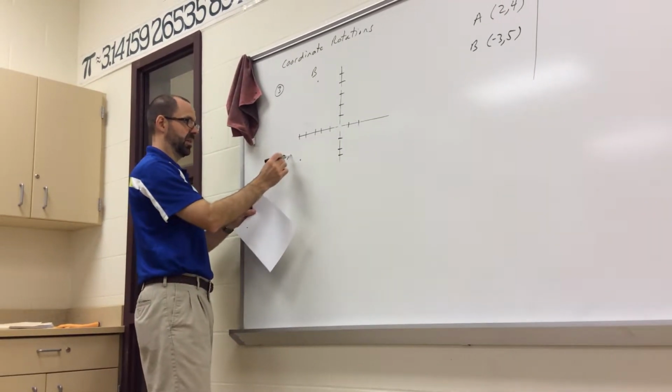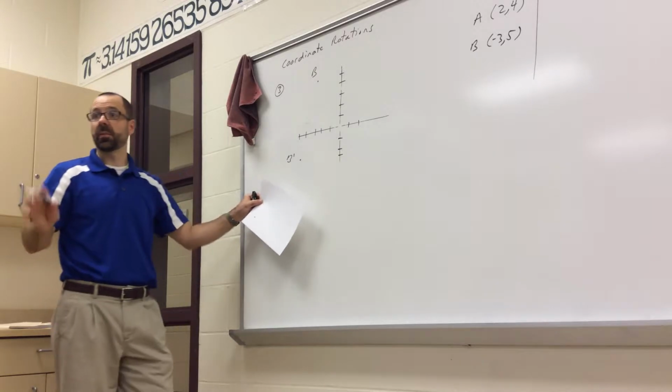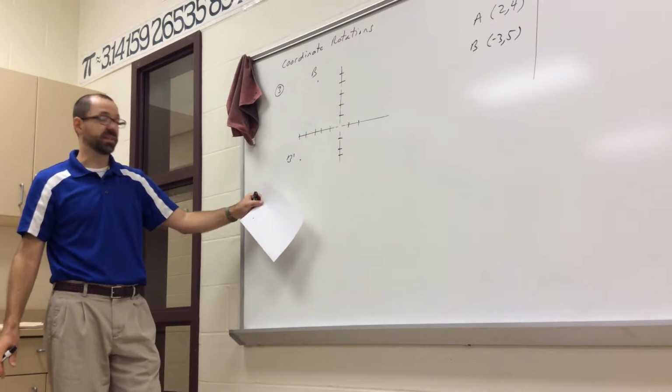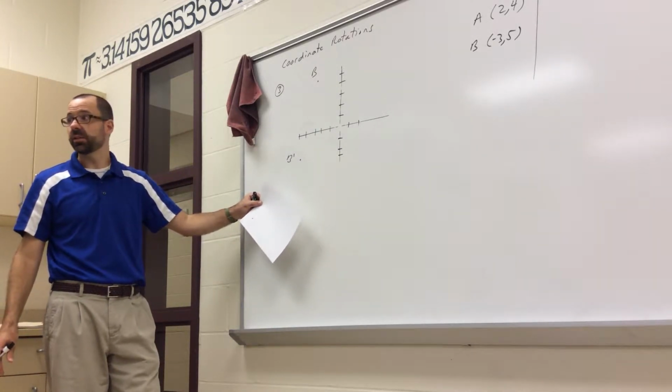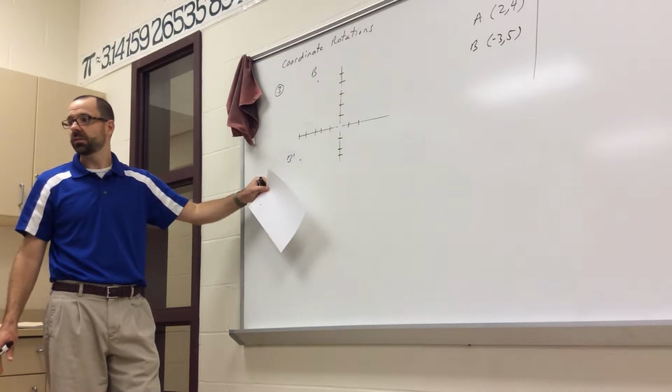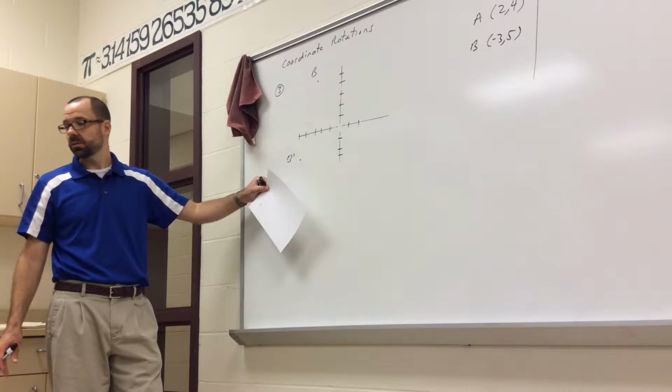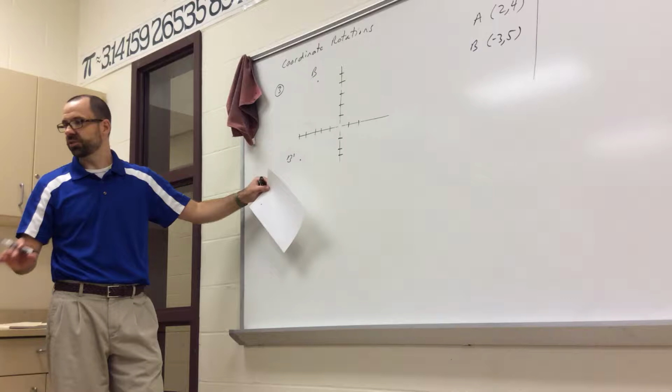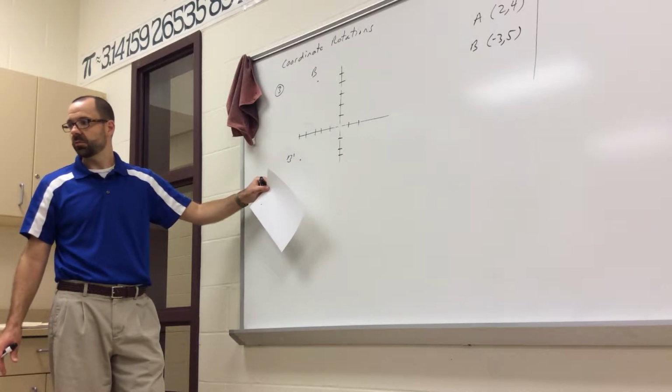So what are you getting for B prime? Yeah, Maddie? Nice. Negative 5, negative 3 is right. Is everybody else okay with that? It's a little tricky. I got negative 4. So it could be it just kind of shifted on you a little bit when you turned it.